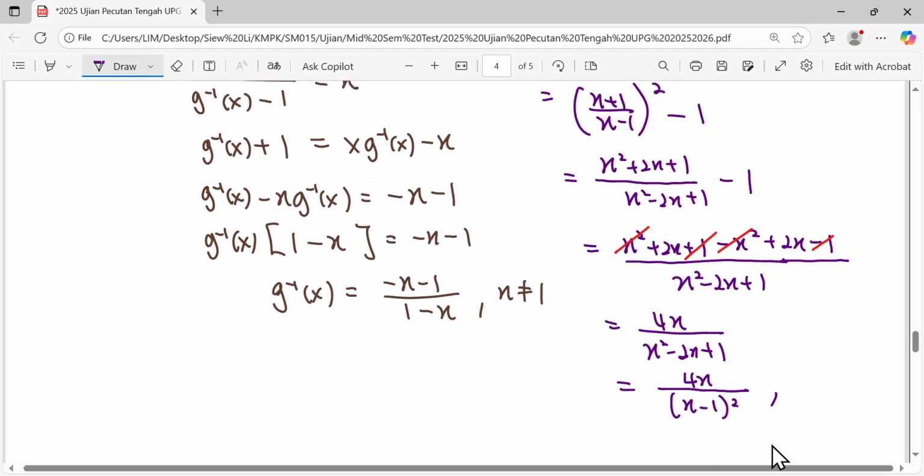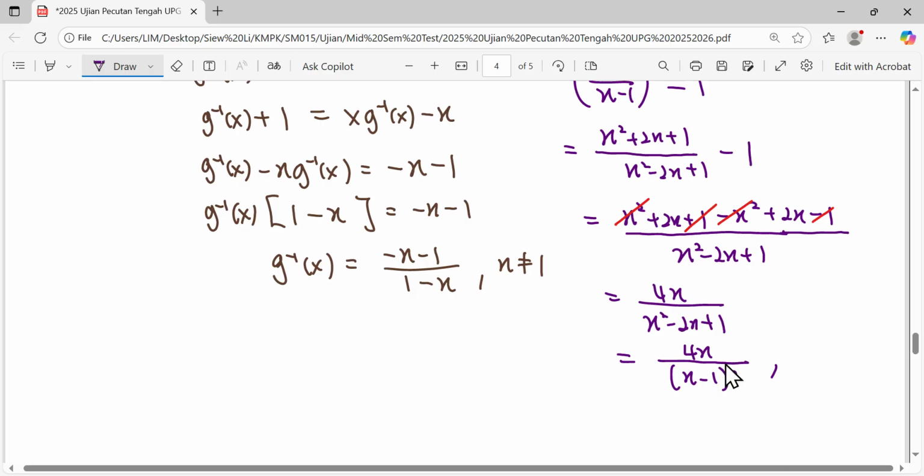So bear in mind, when we meet a rational function, we always take out the condition from the denominator, where x is not equal to 1. Denominator not equal to 0. Therefore, I will write x not equal to 1. So that will be our answer in the simplest form.